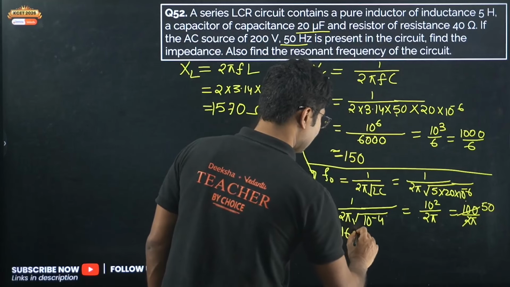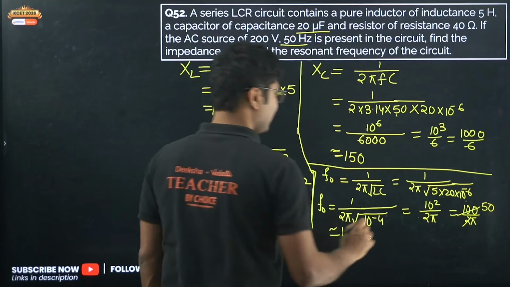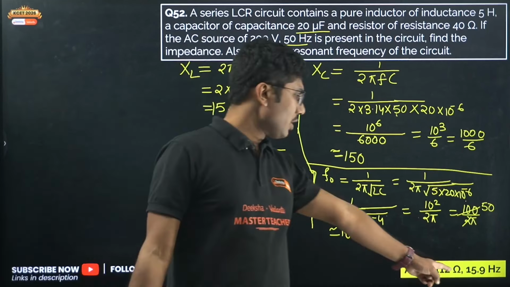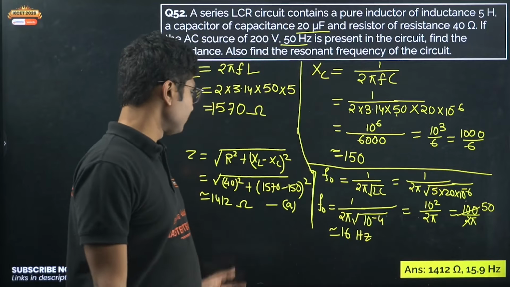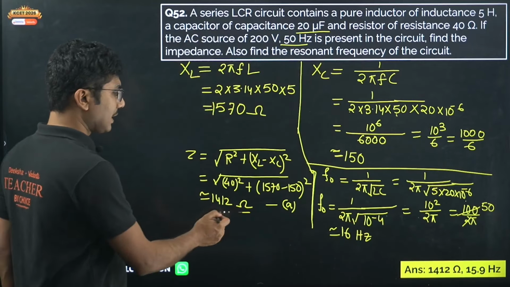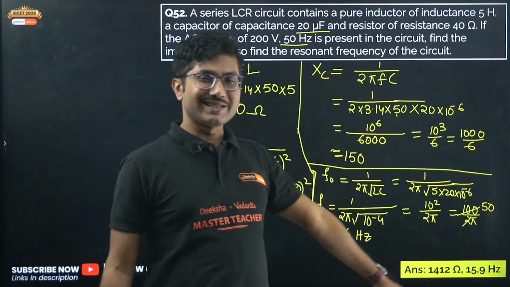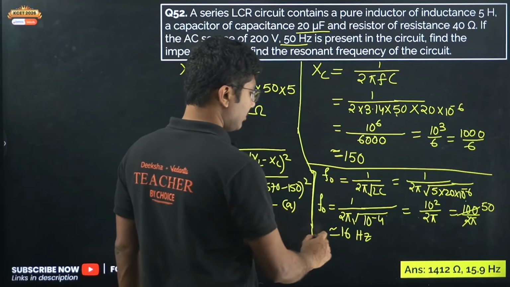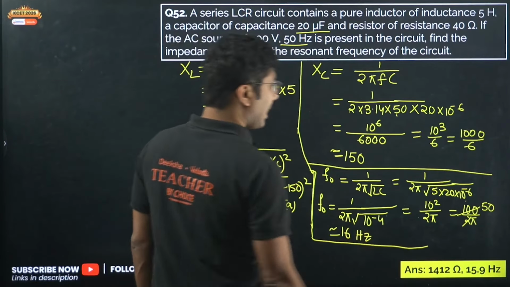I am saying 16 hertz. Okay, again 16 hertz, I don't want to approximate. So 1412 ohm is the impedance of the circuit, and approximately 16 hertz is the resonance frequency. Okay, easy question, not difficult, and this is much simpler and easier than the previous one, right?